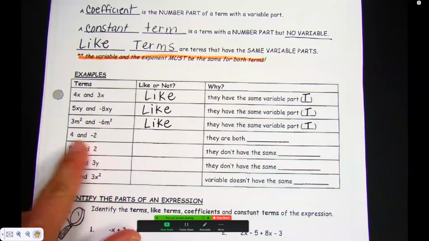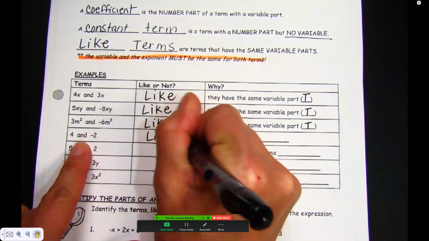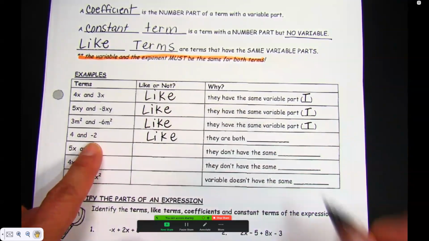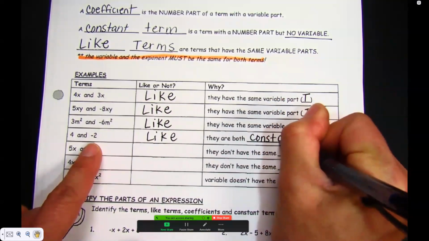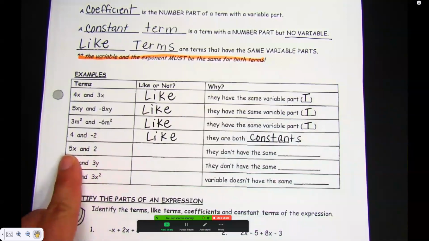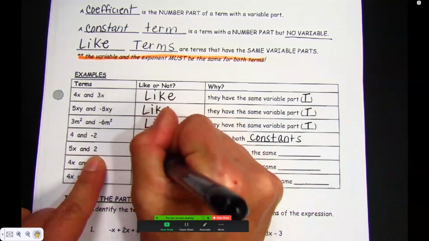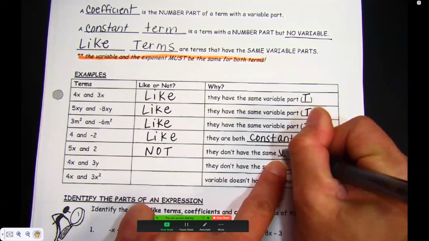And guys, remember, if they don't have a number, these are just constants. They're still alike. Of course, we know that. That's going to be a 2. So they are both constants. And then here, the 5x and the 2, they are not alike because they don't have the same variable part.